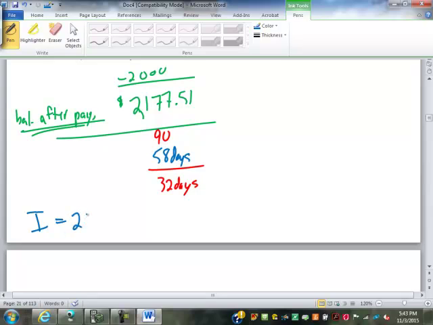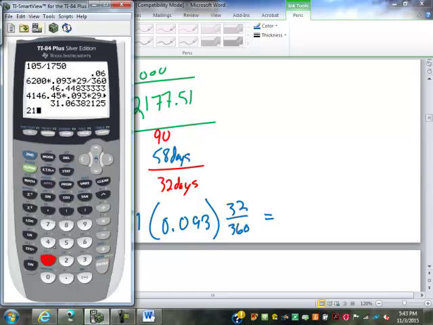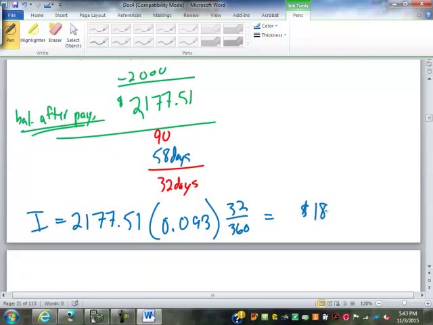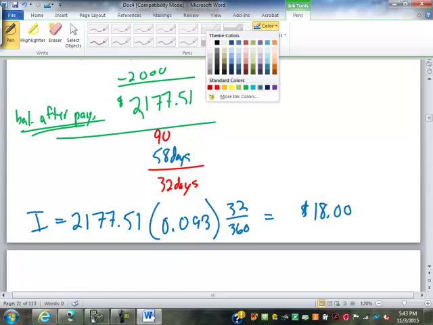Well, our principal is now $2,177.51. Our rate is still 0.093. It's now 32 days over 360. So 2,177.51 times 0.093 times 32 divided by 360. $18 exactly is the interest.